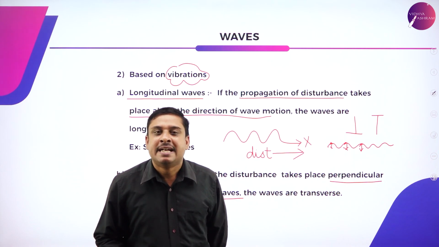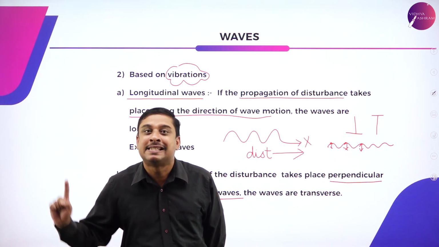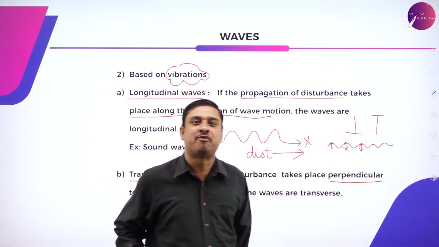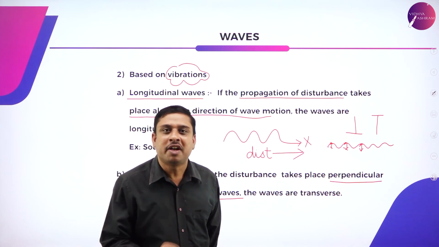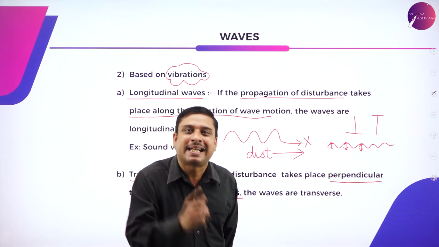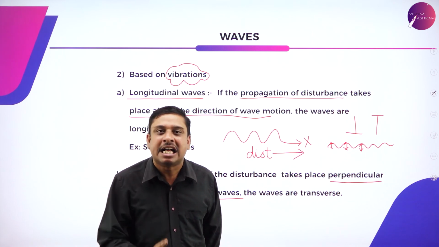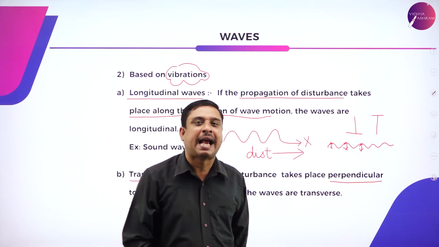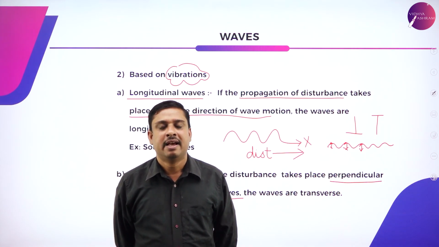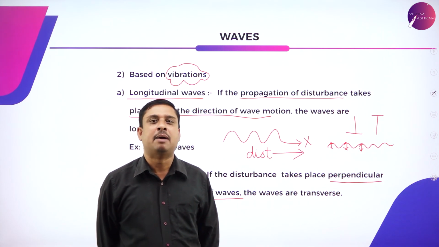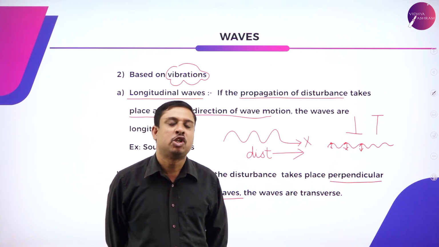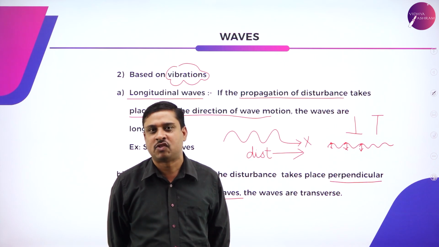Transverse waves, disturbance happens perpendicular to wave motion. Longitudinal waves are mechanical waves. Transverse waves, non-mechanical waves. In my next session, I come up with a few more special concepts related to waves.